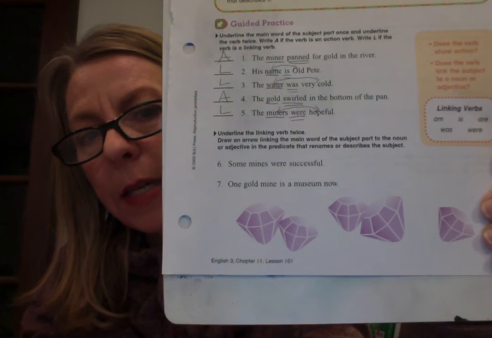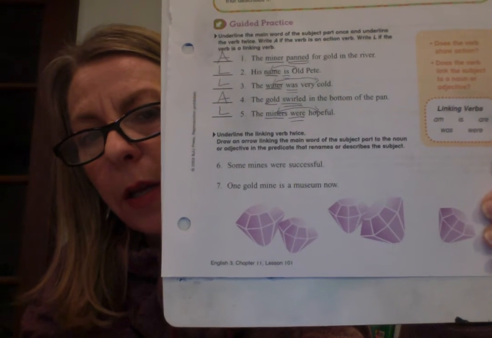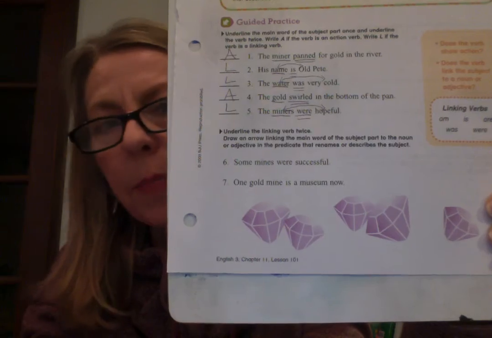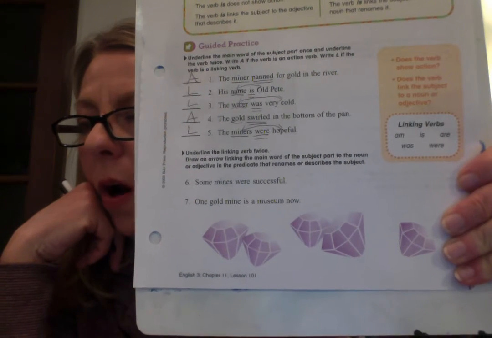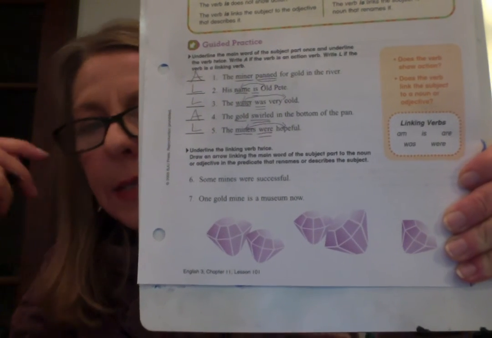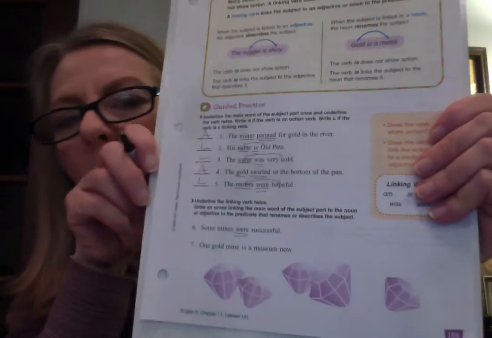So can you find the linking verb? Remember linking verbs, you can look up in this yellow box or the white box inside the yellow box. So am, is, are, was, were. Oh, I see it. It's were, right? So we're going to underline that twice. That is our linking verb. Okay, so what's getting linked here?